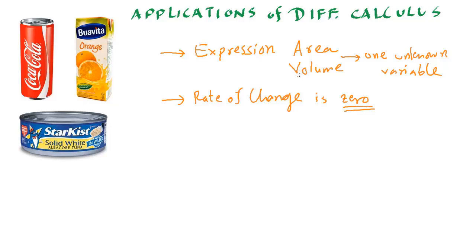Suppose we have volume expressed in terms of radius, then dV by dr should be equal to 0. That should give you the radius for which this situation would be usable.